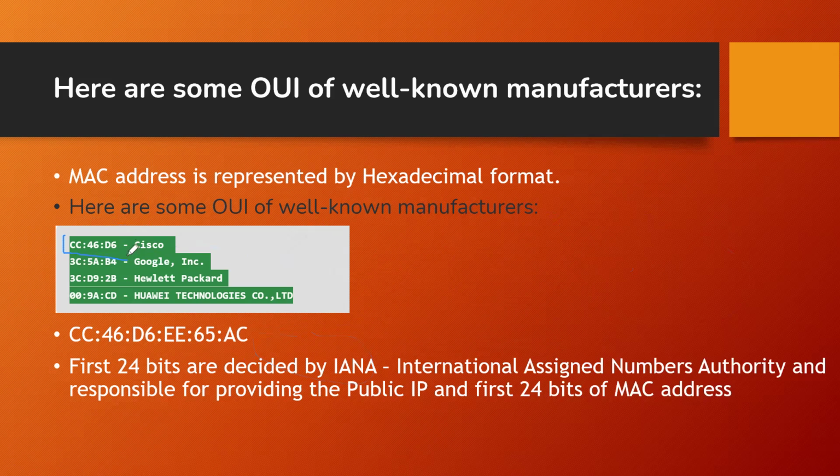It is not that Cisco has only one number to use. As of now, Cisco is creating network interface cards and using this number at the beginning of the 24-bit part.